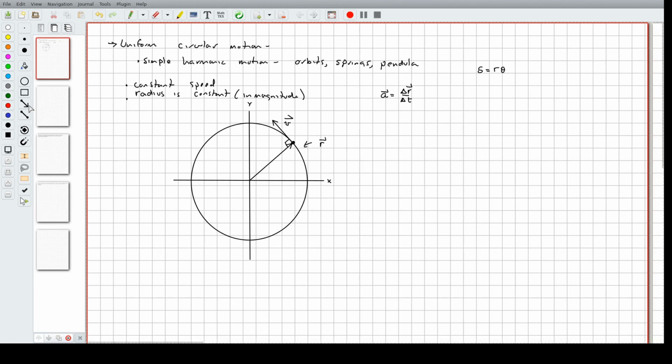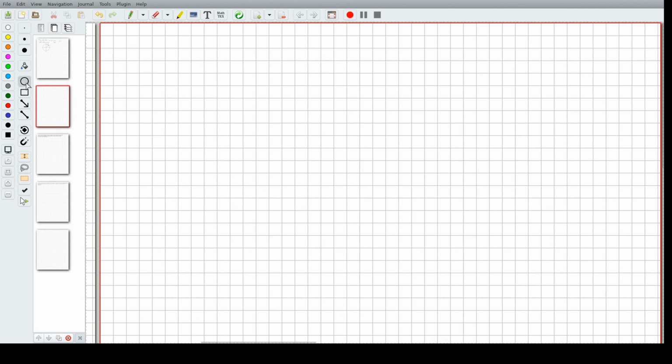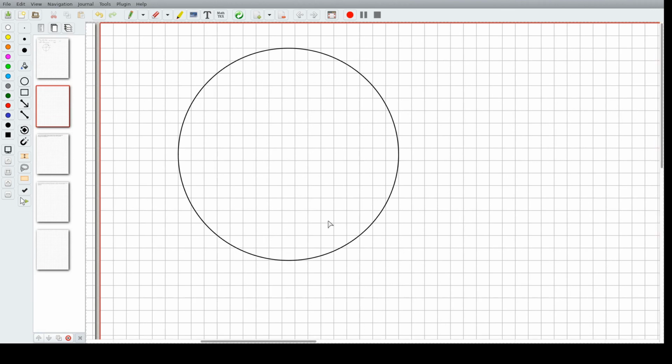So I want you to imagine, and let me shift to another sheet over here, a big old circle like this for illustrative purposes. Let me cut it in half. Somewhere around over here is where x would be, and somewhere around over here is where y would be.